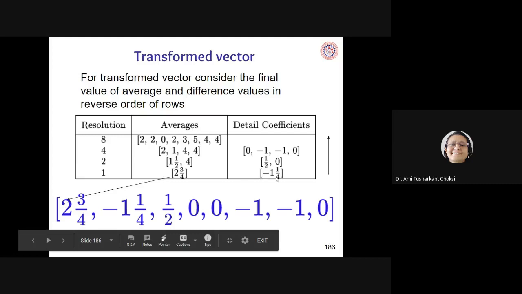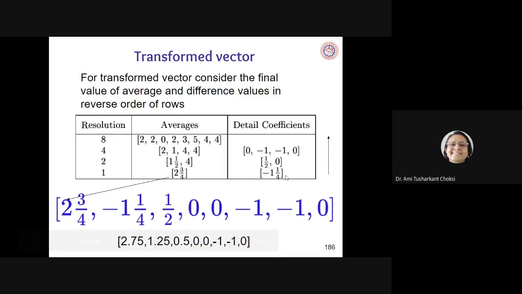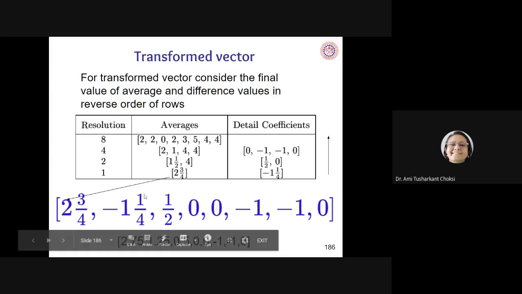So minus 1 and 1 by 4, 1 by 2, 0, 0, minus 1, minus 1, 0. Now how can we write that? That is the final transform vector.